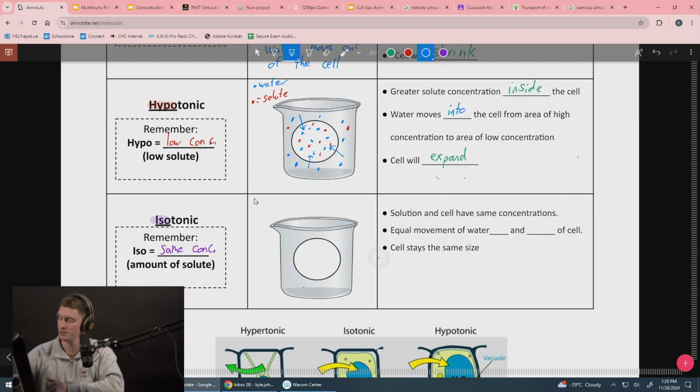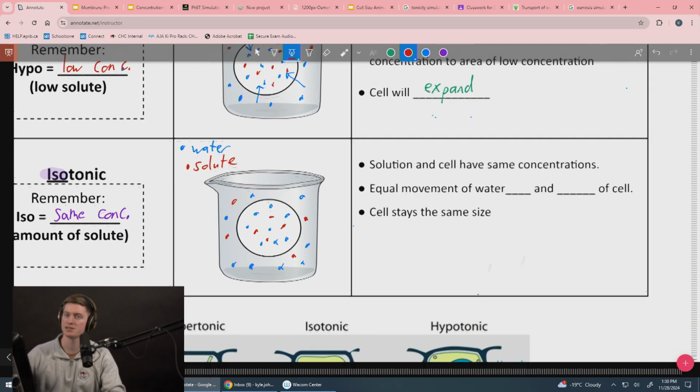Once again, blue is water, red is solute. We're going to say that both the solution and the cell have the same volume, so the concentrations will be equal. If I put 8 dots of water on the outside and 8 dots of water on the inside, and then 4 molecules of solute in both, we have the same ratio of water to solute both inside and out of the cell.